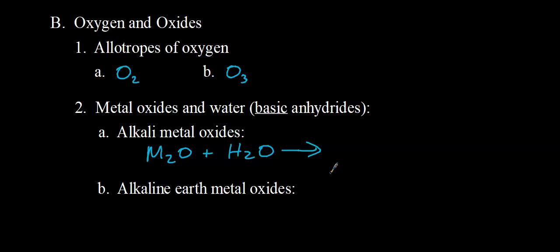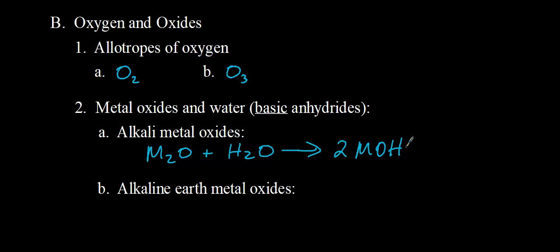And because the alkali metals form +1 ions, it'll always be M2O, so Li2O, Na2O, K2O. So this reaction produces one product. It'll be the metal hydroxide. So we get something like that.